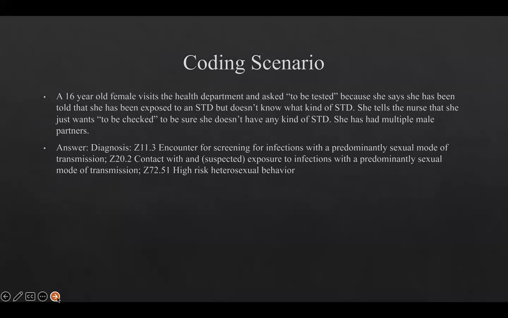She also orders the following tests to be drawn in the clinic phlebotomy station and sent to a commercial lab: serum HIV antibody test, HIV RNA by PCR, and RPR. So just one of the codes from the ICD that we can use would be Z77.21, a personal history of contact with and suspected exposure to potentially hazardous body fluids. And one CPT code we can use for administration would be 36415, and that is the collection of venous blood by venipuncture.